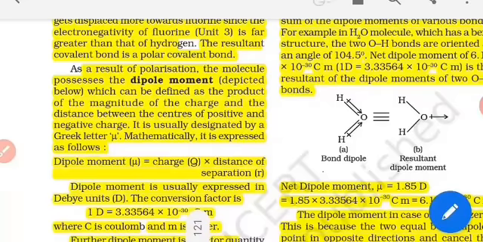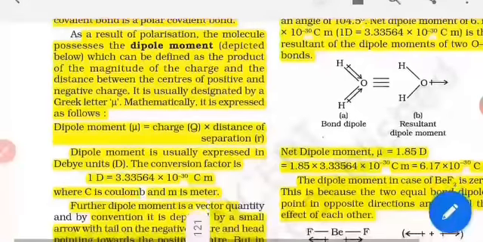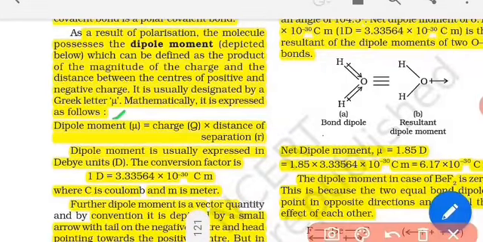Dipole moment is the value that describes the polarity of a bond. Its Greek letter is mu, and it is expressed as dipole moment mu equals charge q times the distance of separation of atoms, r.